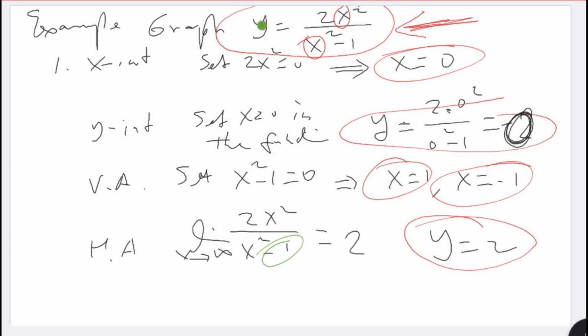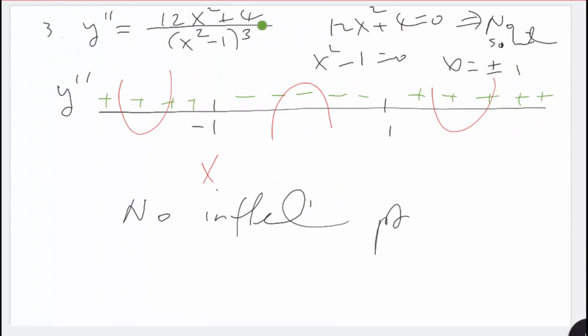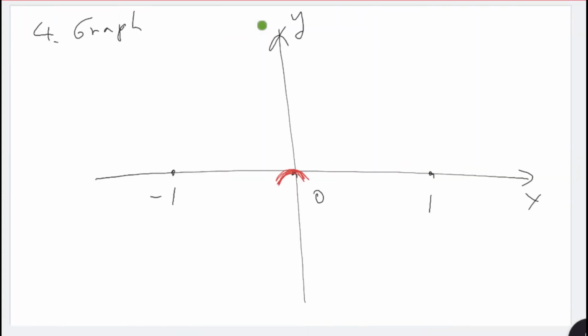All right, so let's mark the intercept first. So there's an x equal to 0 intercept. The y-intercept happens to be here, so the graph is going to cross basically the origin. And we also find 2 vertical asymptotes.